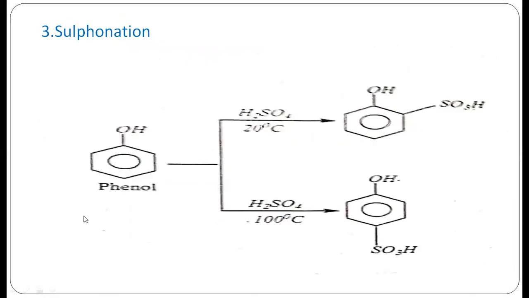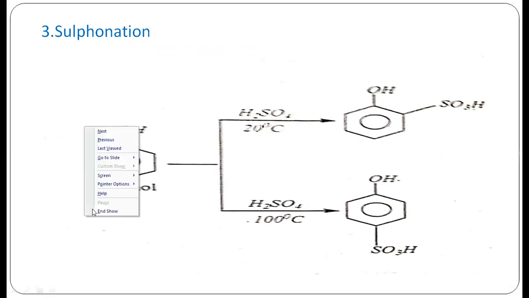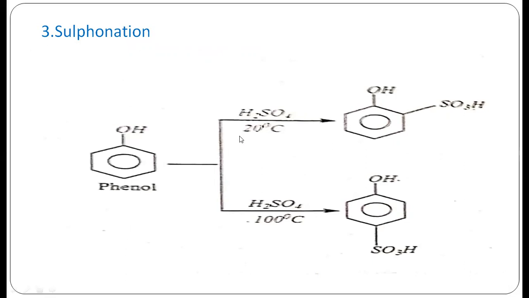Similarly, another reaction is phenol reacting with sulfuric acid at 20 degrees temperature, which produces ortho phenol sulfonic acid. Whereas phenol, when it reacts with sulfuric acid at high temperature, produces para phenol sulfonic acid.